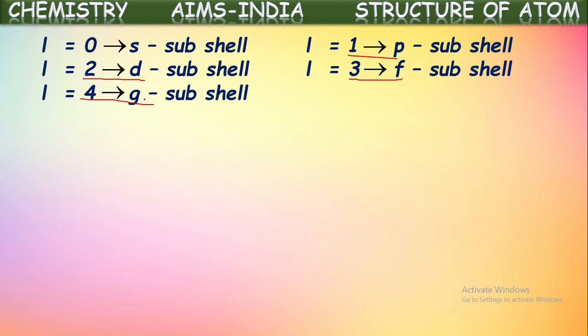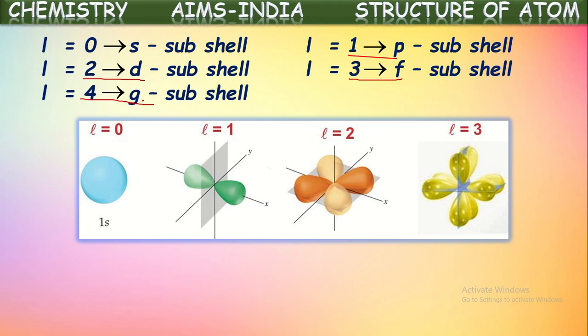is determined. We know S subshell represents spherical shape, and L is equal to 1 means P subshell, that means dumbbell shaped orbitals. And if L value is 2, that represents D subshell, that represents double dumbbell shape.